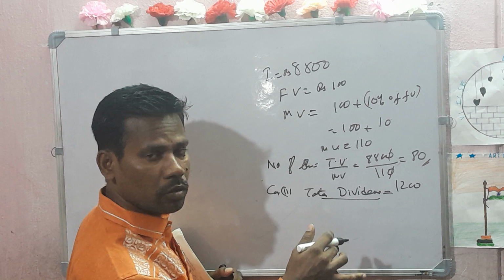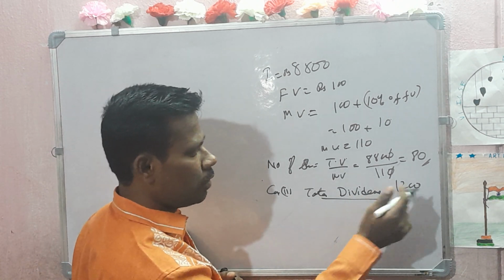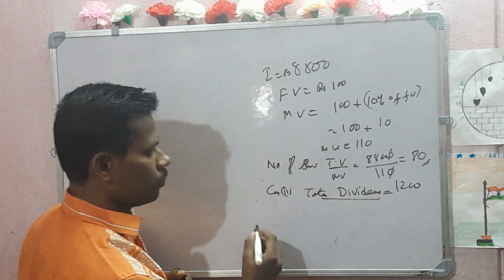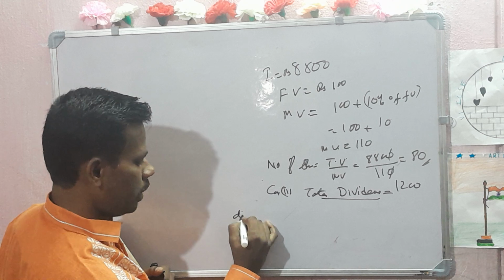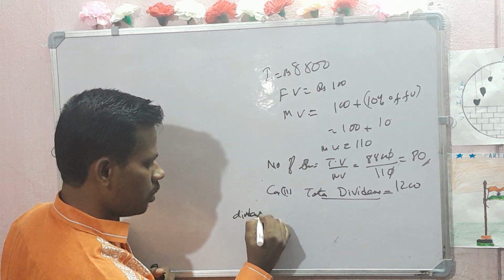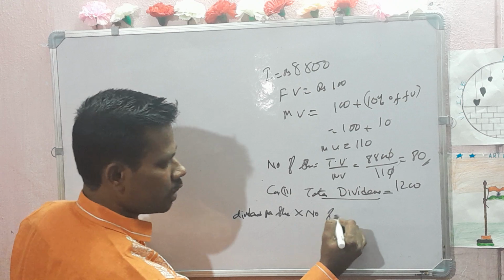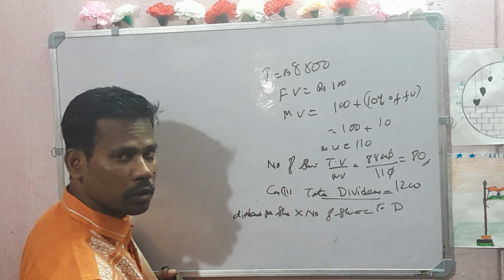Number of shares into dividend of each share is nothing but total dividend. So here what I am writing: dividend per share into number of shares is equal to total dividend.